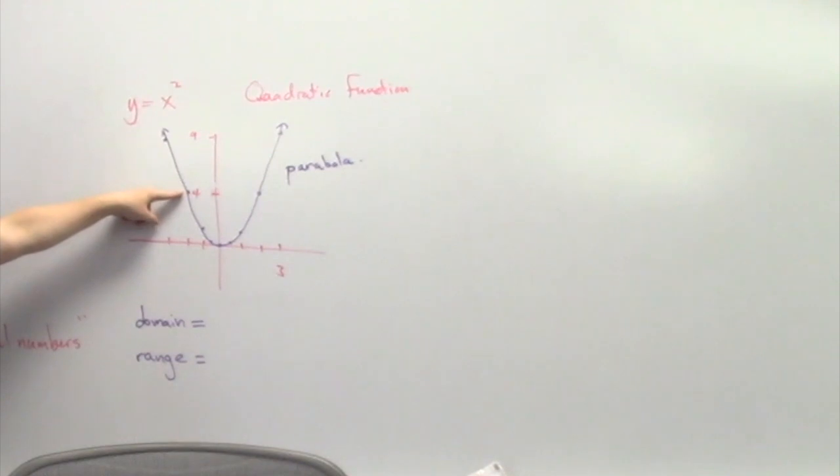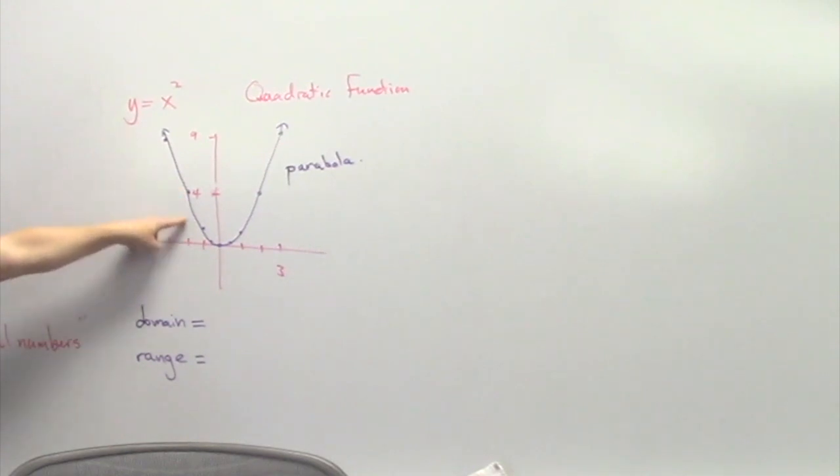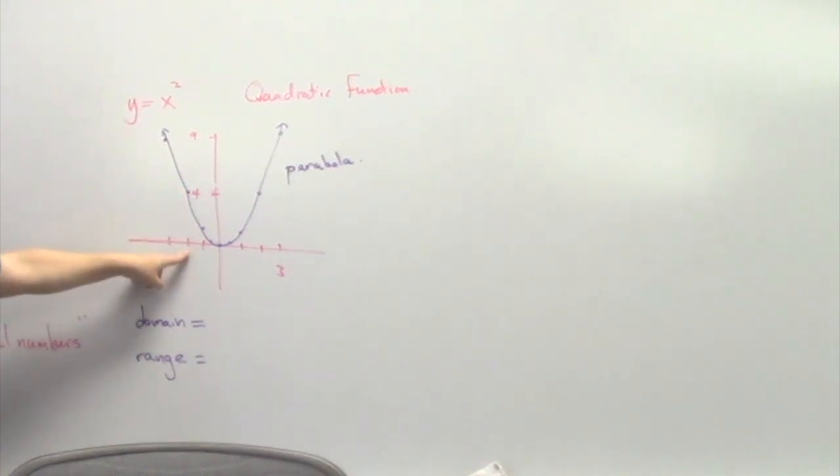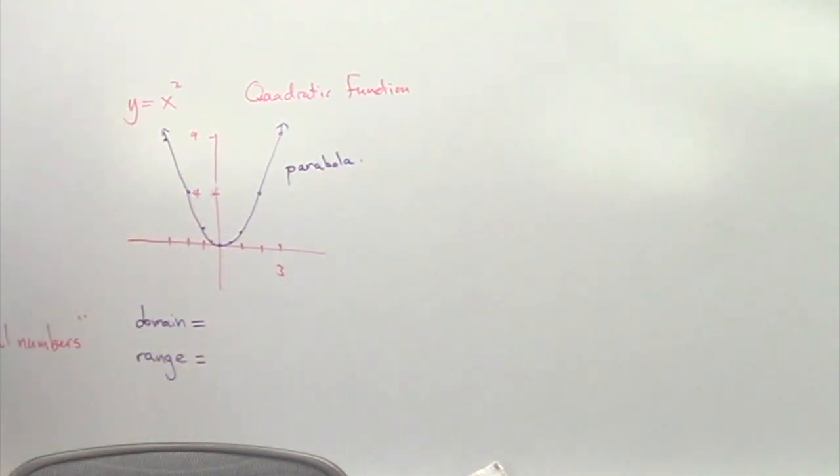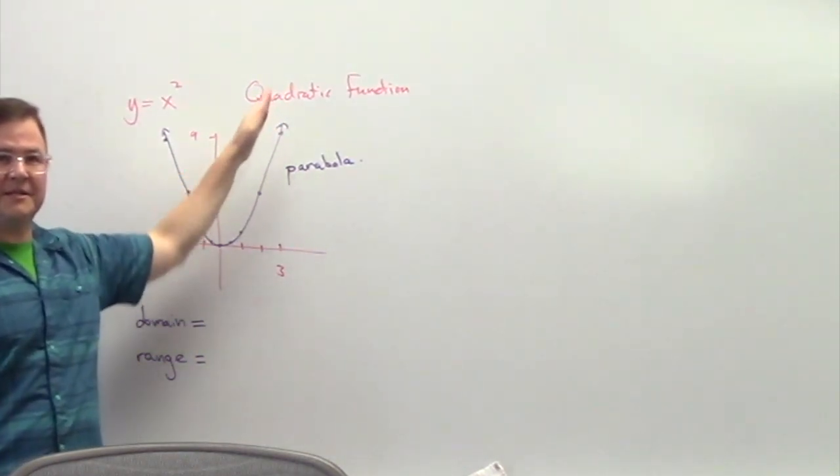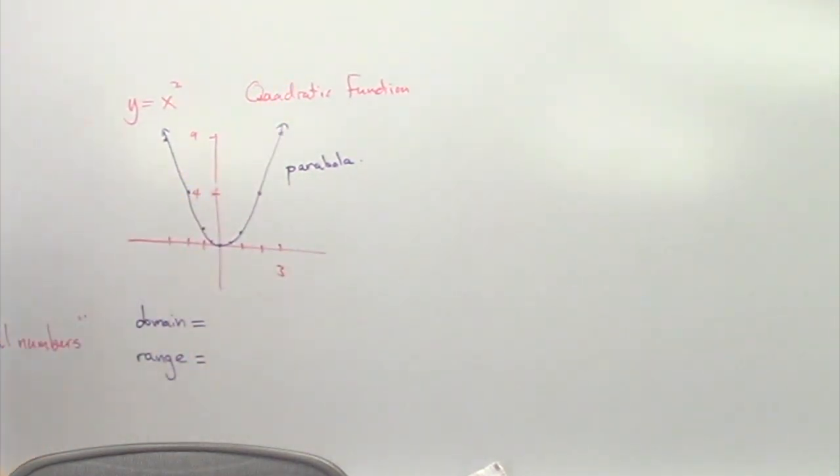Likewise, the moment you said that (-2, 4) is a point on the graph, we immediately knew that -2 was in the domain and 4 was in the range. I put these arrows to indicate that the graph continues on. I just got tired of plotting numbers.